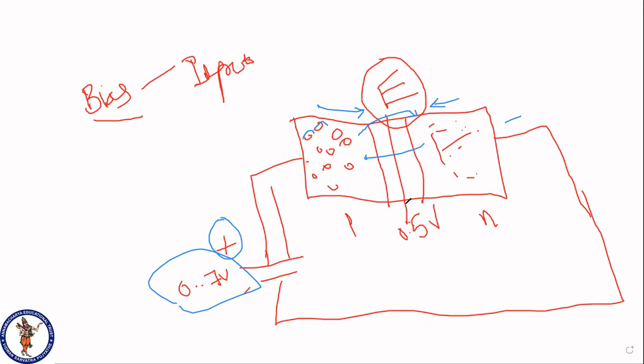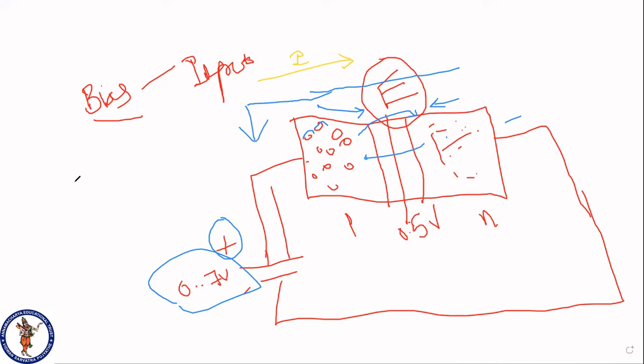But here in this particular case, we can see the electrons. These are the electrons, and they will move in this direction. We know that opposite to the electron flow is the hole current flow, and this is the current flow direction.